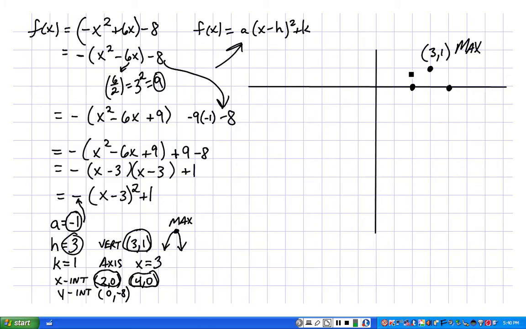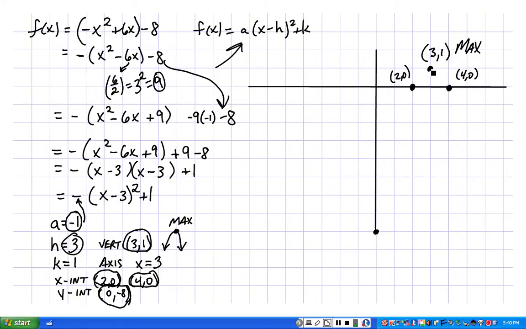Okay, 2, 0, 4, 0. Alright, and then the other thing we know is it's going to cross the y-axis at 0, negative 8. Negative 1, negative 2, negative 3, negative 4, negative 5, negative 6, negative 7, negative 8. So it's going to cross the y-axis right here at negative 8.